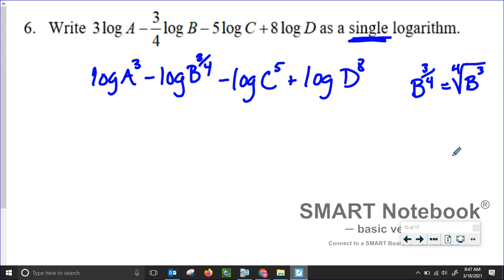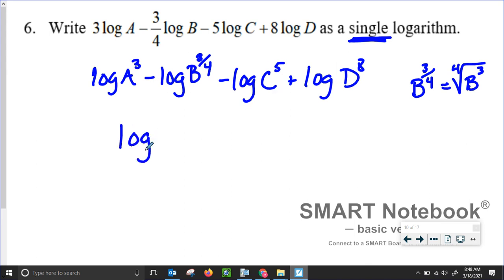So that's going to be the 4th root of b cubed. Well, now, kind of like the opposite of what we did in the last problem, anything with a positive leading coefficient, the argument is going to stay in the numerator. Anything with a negative leading coefficient, the argument is going to stay in the denominator.